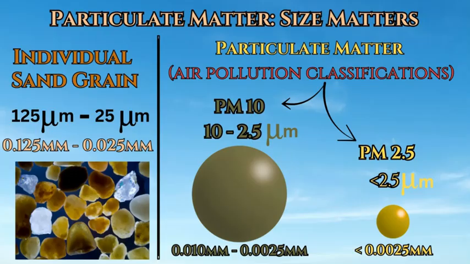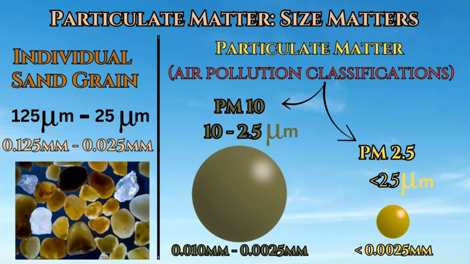Now, 10 microns would be PM10, and this would be 0.01 millimeters, and that would be called a coarse particulate matter particle. In terms of a smaller one, looking at 2.5 microns, or 0.0025 millimeters, or even smaller as PM1, which is 1 micron, which is 0.001 millimeters.